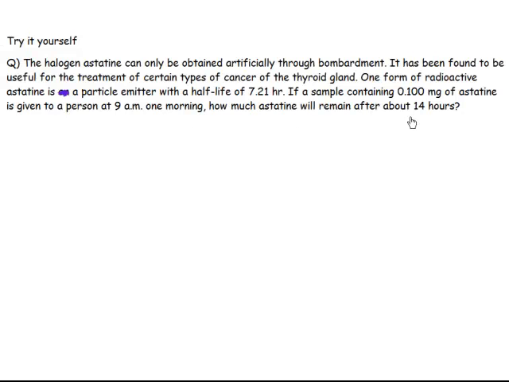So what they need us to calculate is the value of a minus x, and the value of a is already given to you as 0.1. Also, all radioactive samples follow first order kinetics, and hence you can easily calculate the rate constant knowing the half-life. So you can use the formula K is equal to 0.693 upon t half, and the half-life is 7.21 hours.